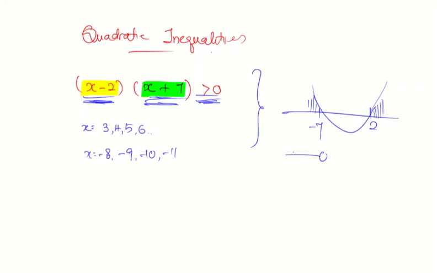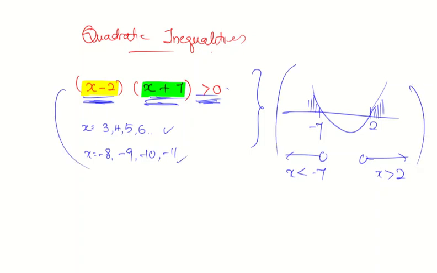Then after that, we write like this: x less than negative 7, x more than 2. Okay, so this is the working, this is the concept. You understand the concept, then you use the formula over here, then only you can fully understand why we have this formula.